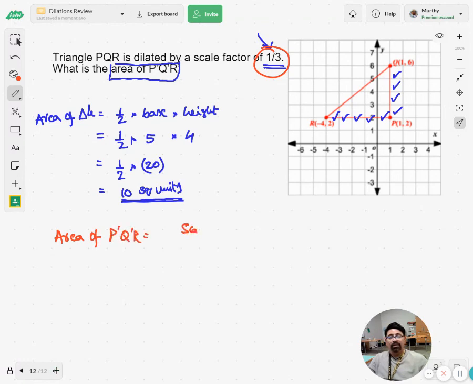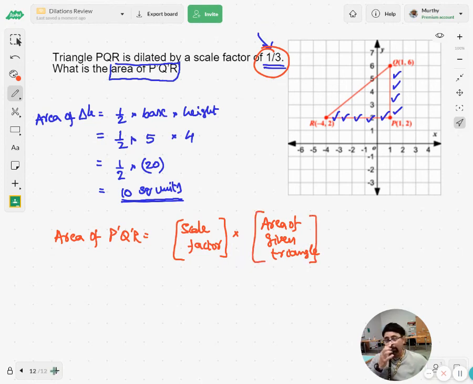It is scale factor times area of a given triangle. Okay, most of you may make this mistake.